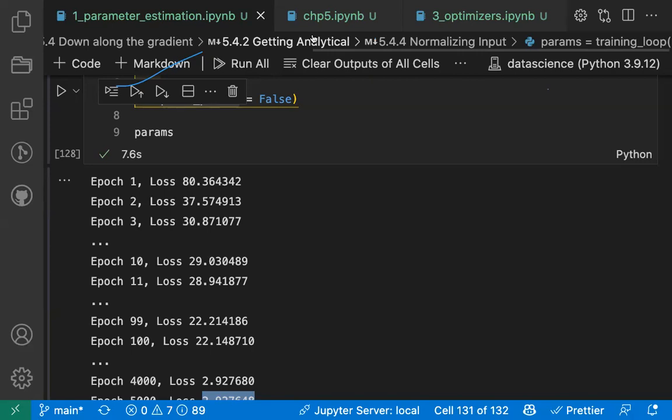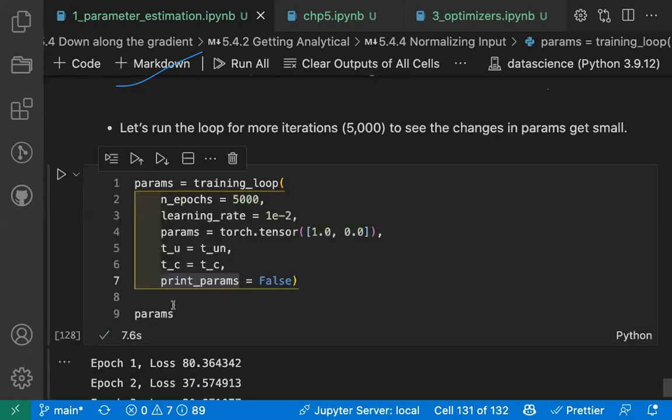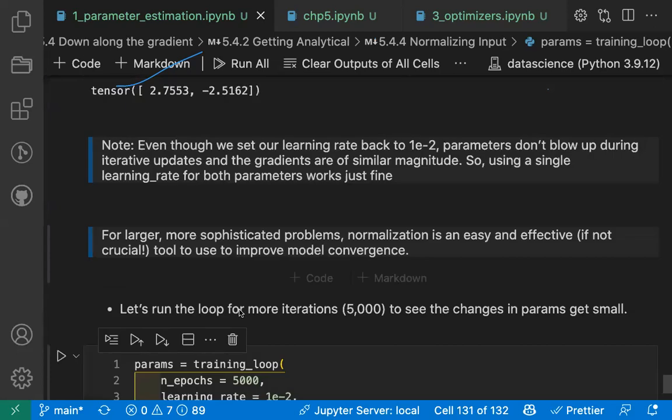Exactly. Two things. If your loss is not 0, one, you have not trained your model for a large number of iterations. Let me show you. Here you can see we have 5 epochs, and look at the loss, 0.94. Let's look at the other one. This one, we used 100 epochs.